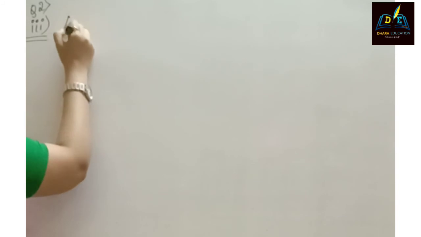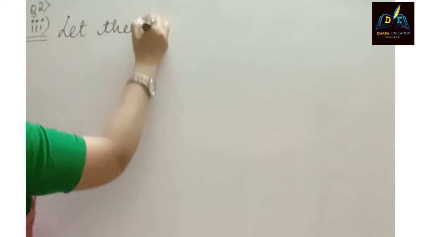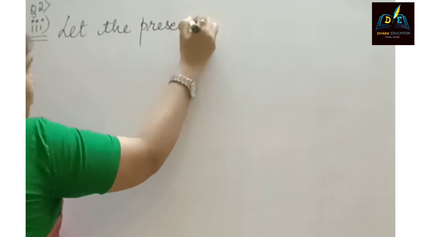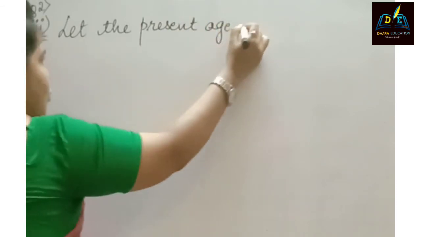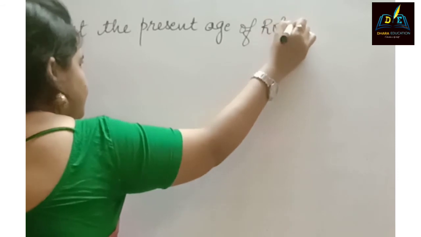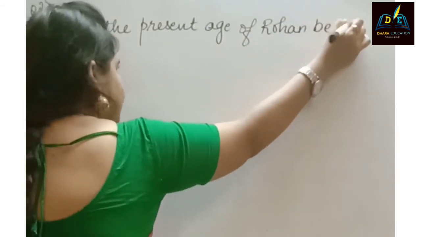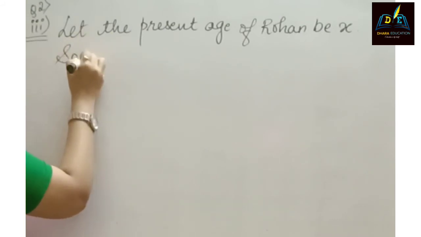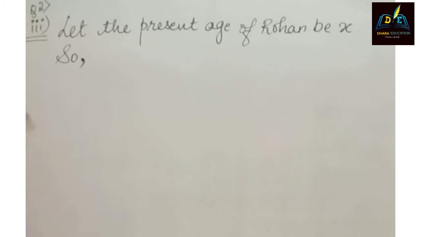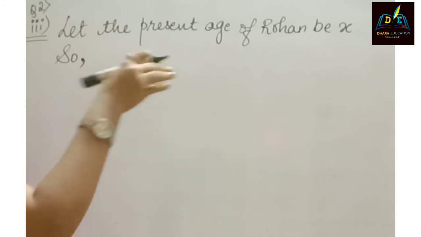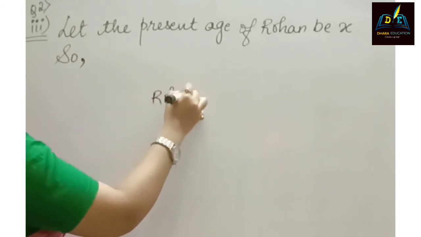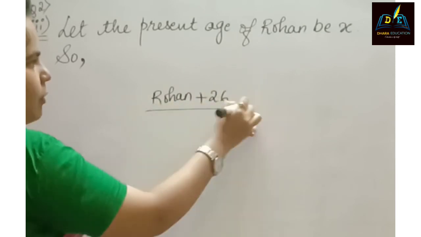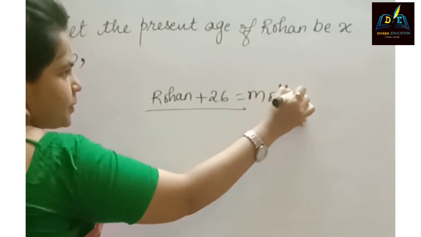So, let's start. Let the present age of Rohan be x. Now, as in the question it is given that the age of his mother is 26 years more than whatever the age of Rohan is, plus 26 will be the age of his mother, correct?